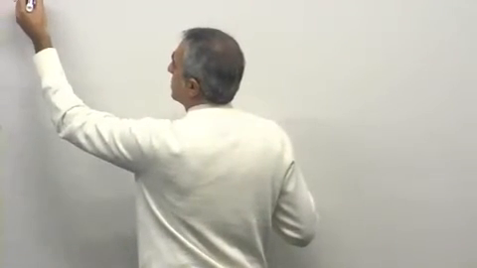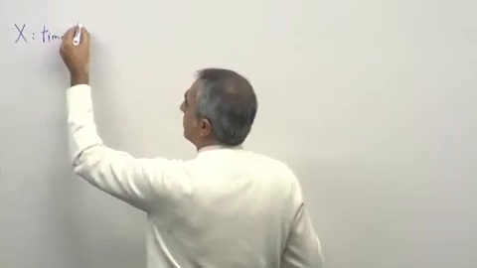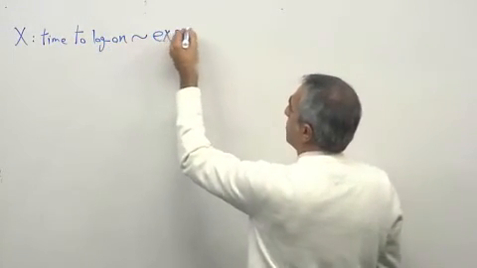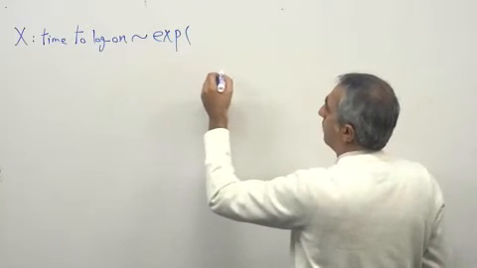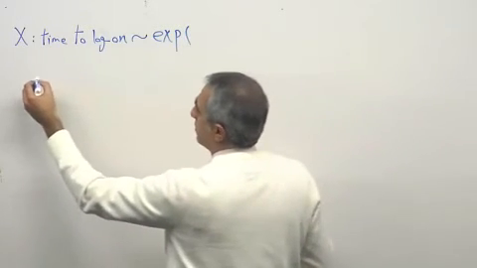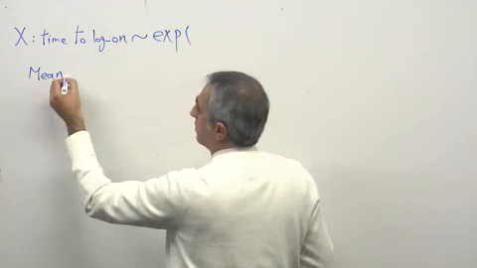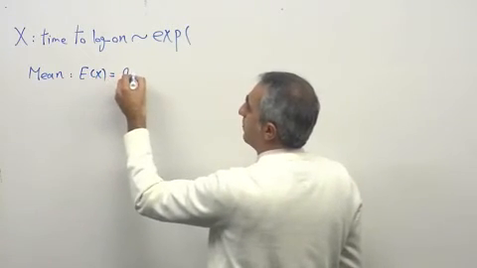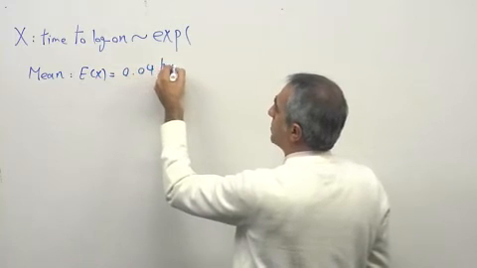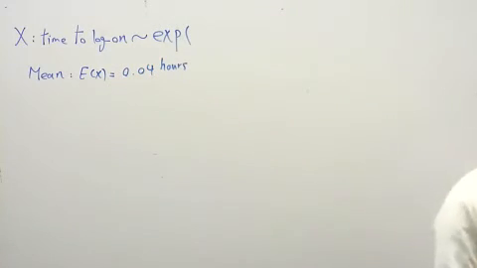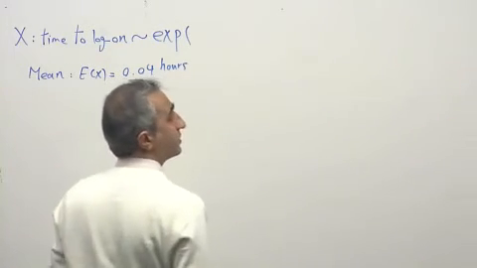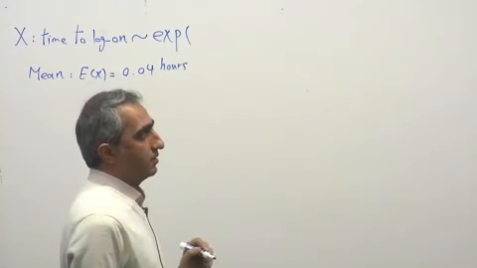So x is the time to log on, and it follows an exponential distribution with mean, which is the expected value of x, equal to 0.04 hours. Is that correct? Yes. And it says, what is the probability of no logons in the next 6 minutes?